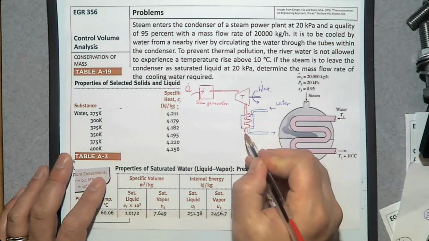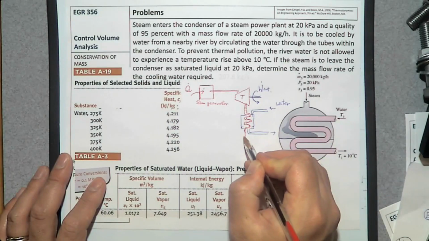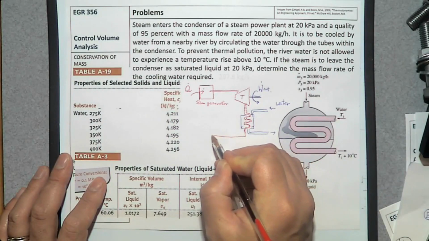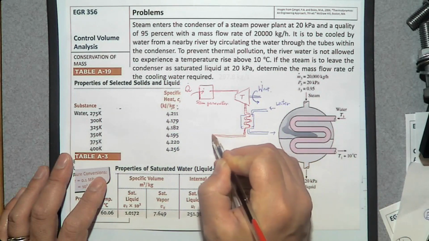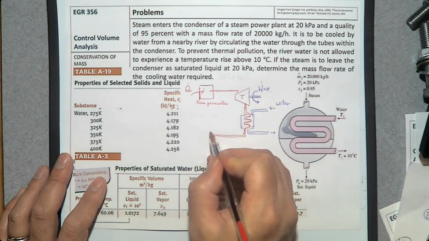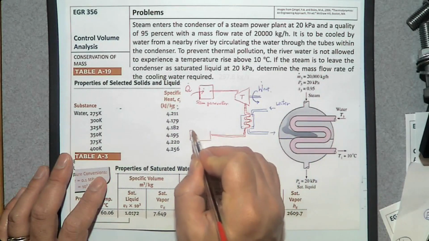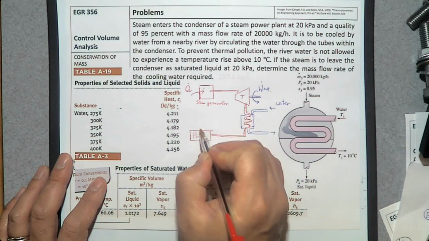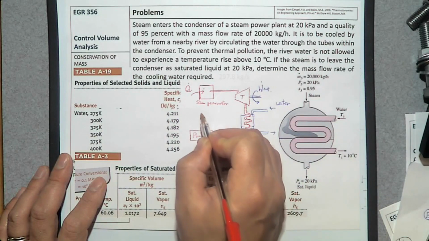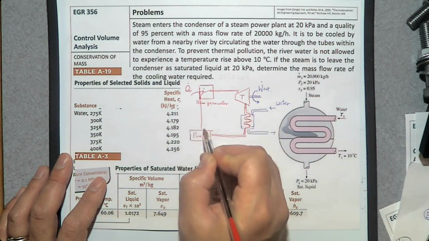Then the steam goes back to the steam generator. However, it has no power, so we use a pump to pump this steam back to the steam generator.